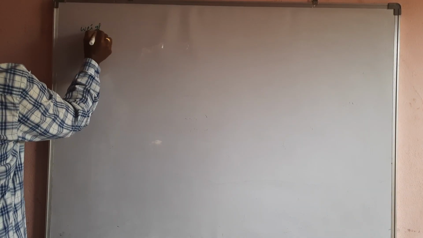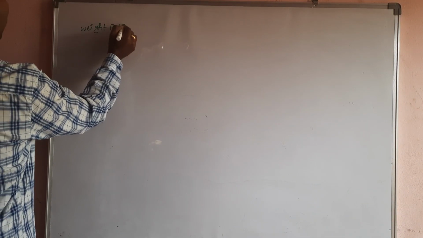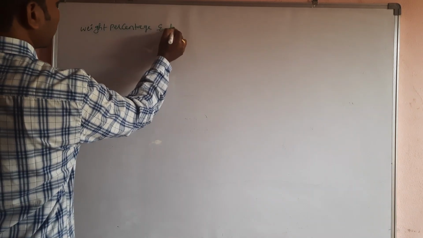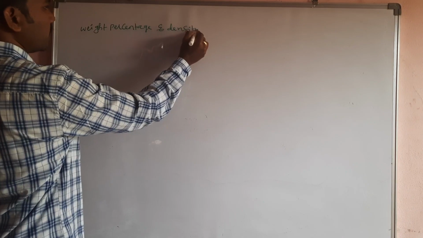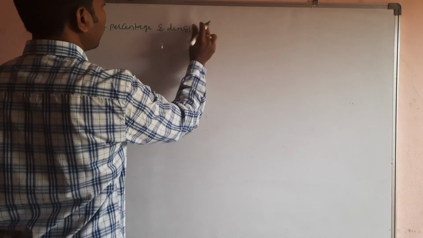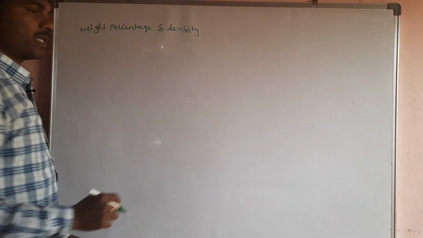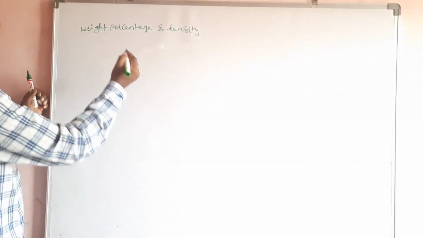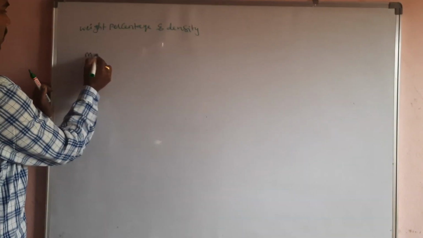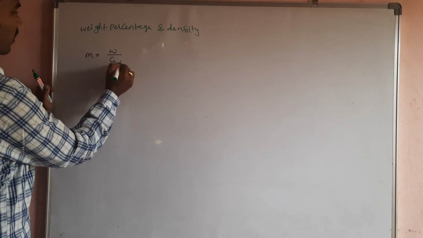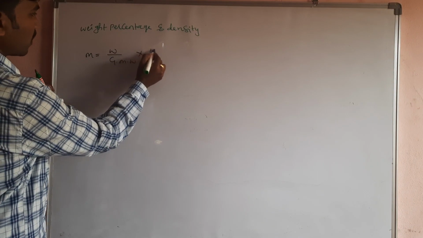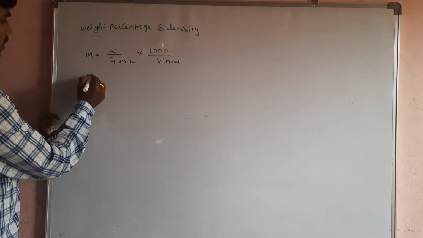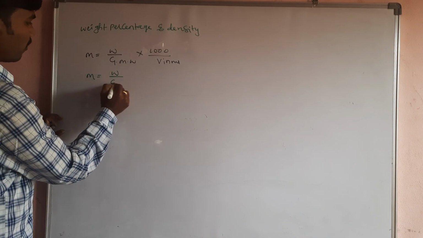Weight percentage and density. We can express molarity in terms of weight percentage and density also. For that I take again molarity is equal to weight by gram molecular weight into 1000 by V in ml.